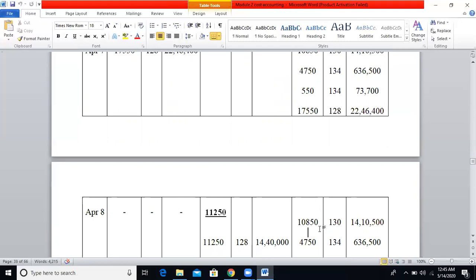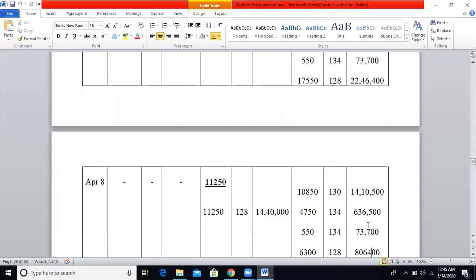So still we have the opening balance units, that is 10,850 at the rate of 130. The total value will be 14,10,500, and the first purchased units' remaining balance quantity of 4,750 at the rate of 134. The total value will be 6,36,500, and the return quantity, that is 550 return goods at the rate of 134.